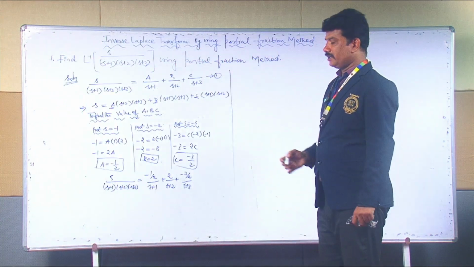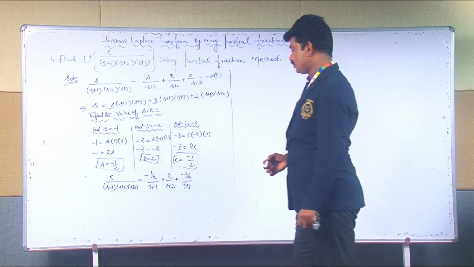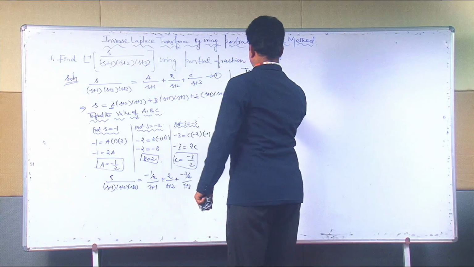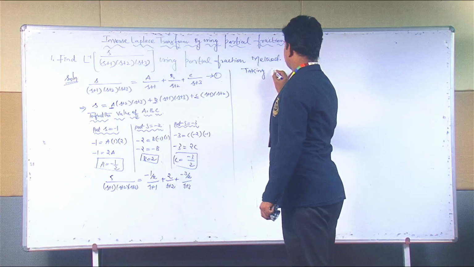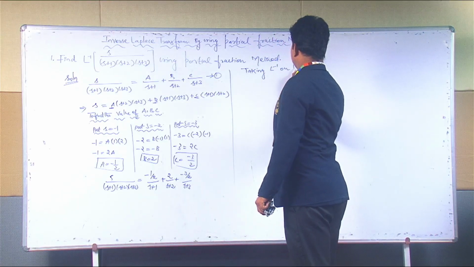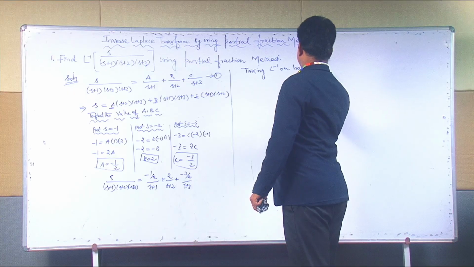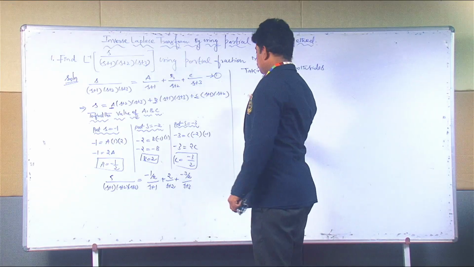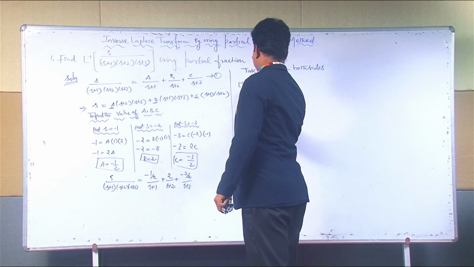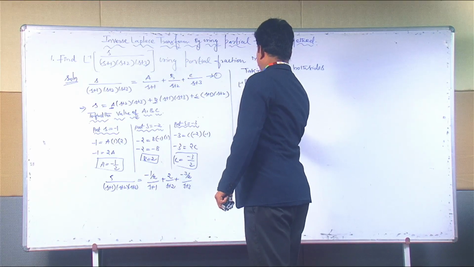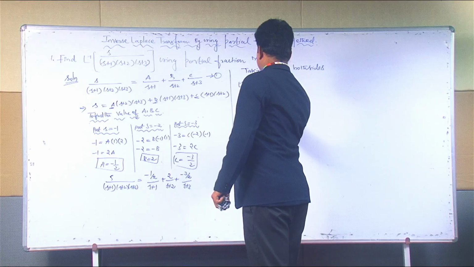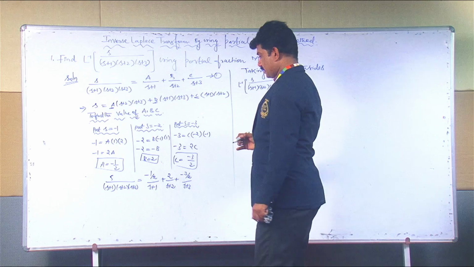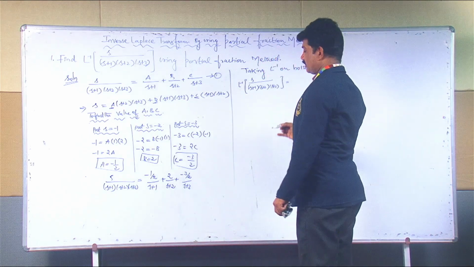Now let us take inverse Laplace transform on both sides. Our ultimate aim is to find the inverse Laplace transform. So L inverse of s divided by (s plus 1)(s plus 2)(s plus 3) equals, I am going to take the constant terms outside.